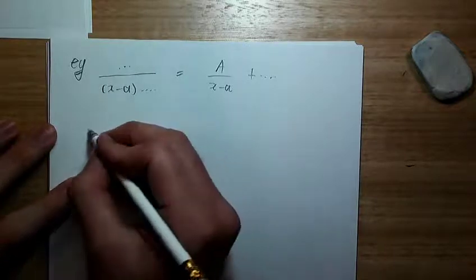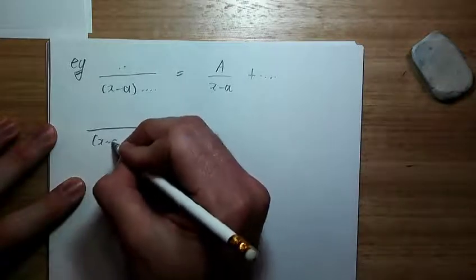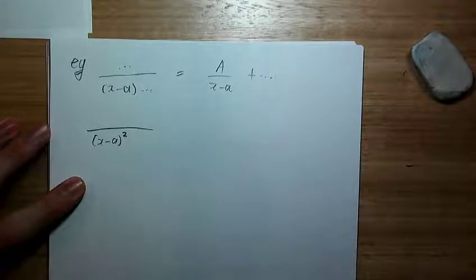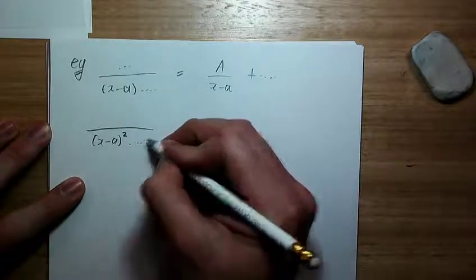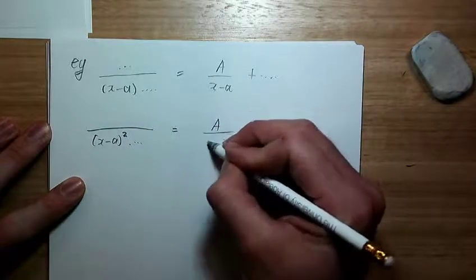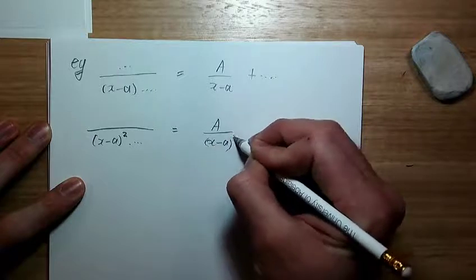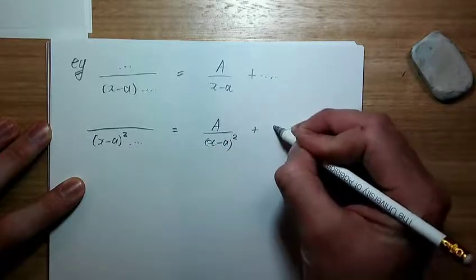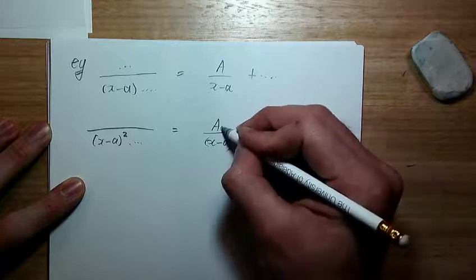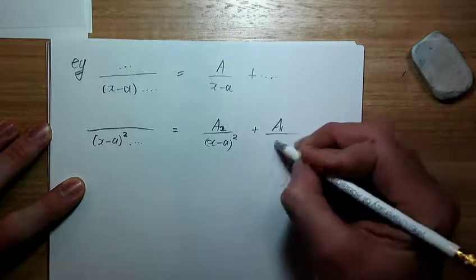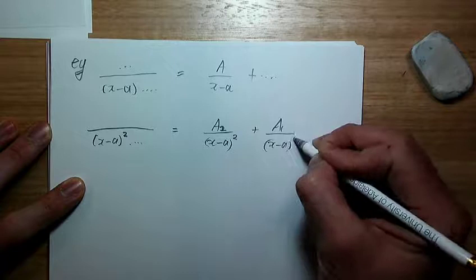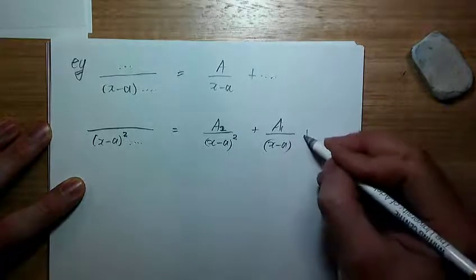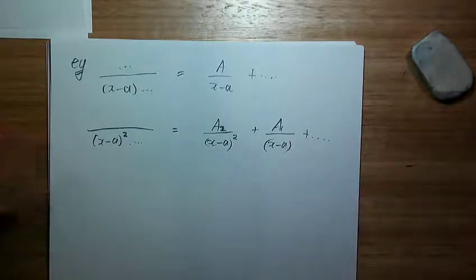If you see this, then you have a on x minus a squared, and another one just for the first power. You have to include one for every power of this all the way down to 1.